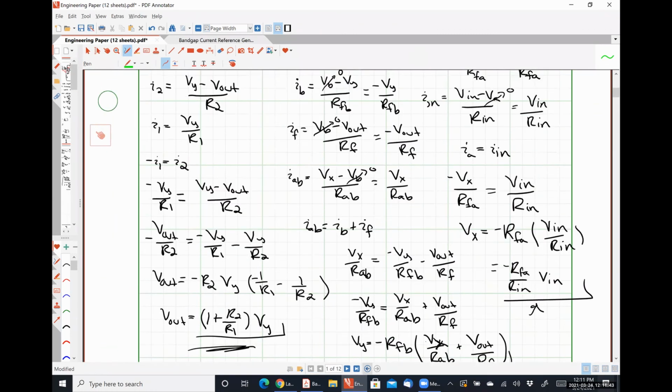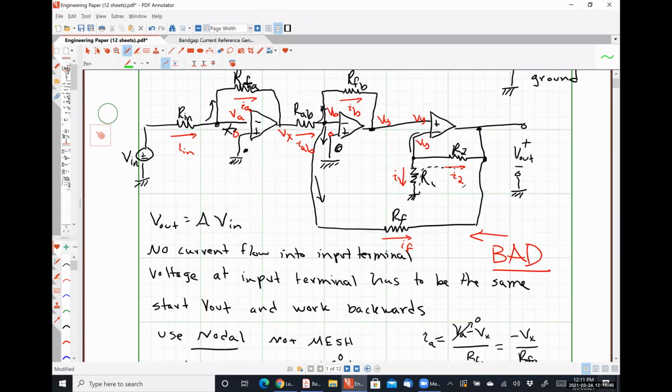Because there's a feedback chain from the input of op-amp 2 to the output of op-amp 3, we have to look at those two together. But we could eliminate a whole bunch of math by saying everything to the left of that green line is just a simple inverting op-amp.